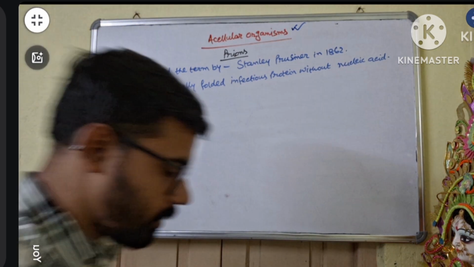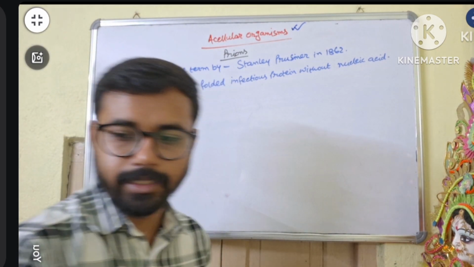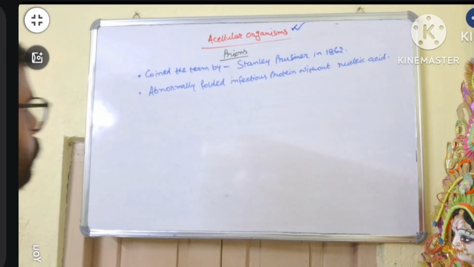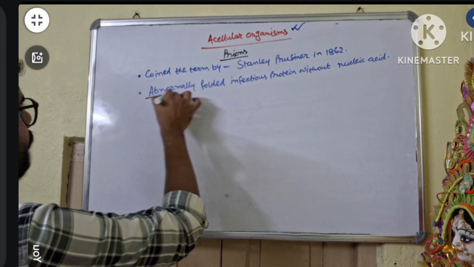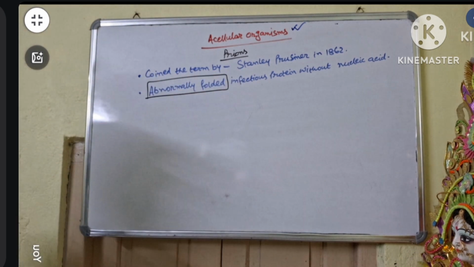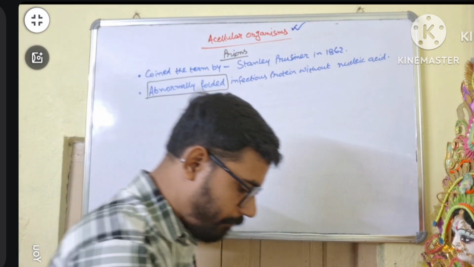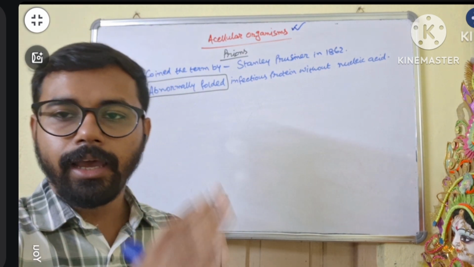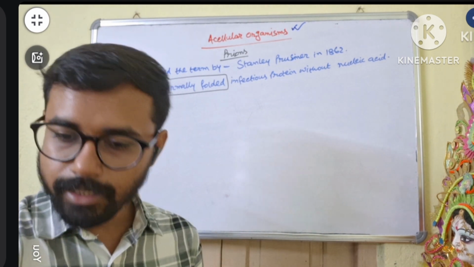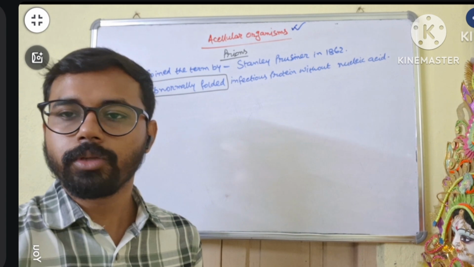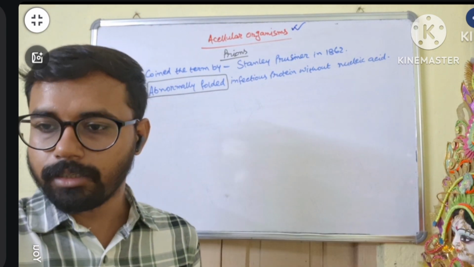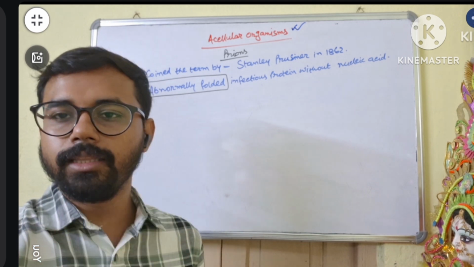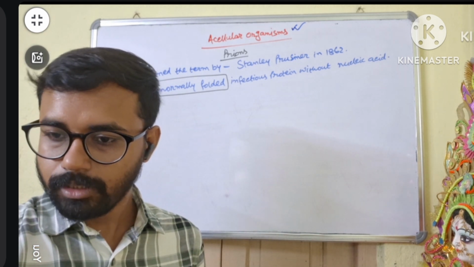So here it is a different scenario. Here no nucleic acid is present. The protein part is infectious, and this protein is not normal. It is abnormally folded. Abnormally folded means, every protein has its own structure. It can adopt primary, secondary, or tertiary structure. The majority of proteins are functional in the tertiary structure.